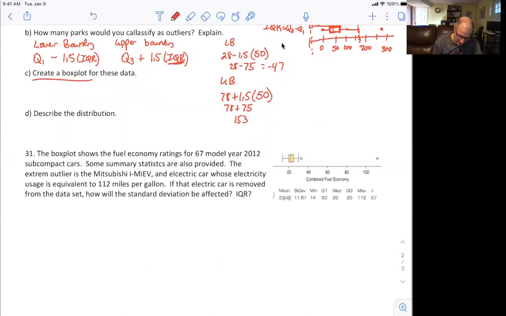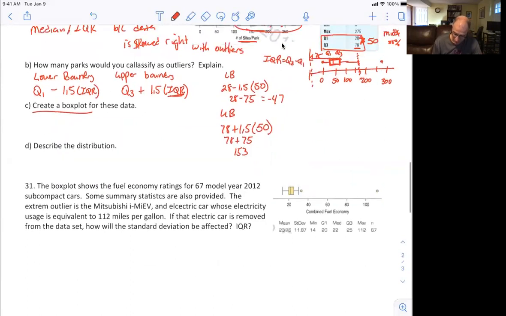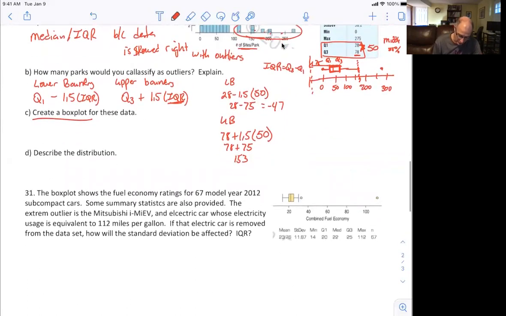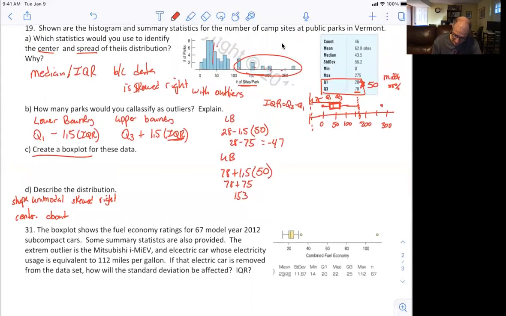Anyway, describe it. Again, we describe it with our SOCS. So we're going to get the shape of this. Again, it's unimodal, skewed right. The center is about, if we come up here and look, I put the center right in here somewhere.